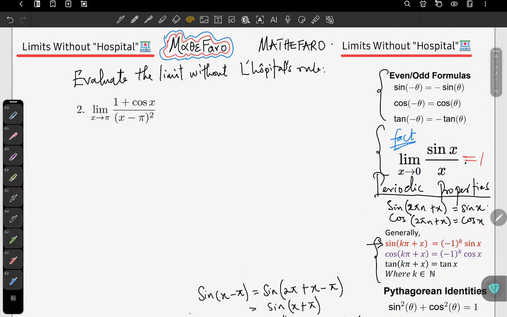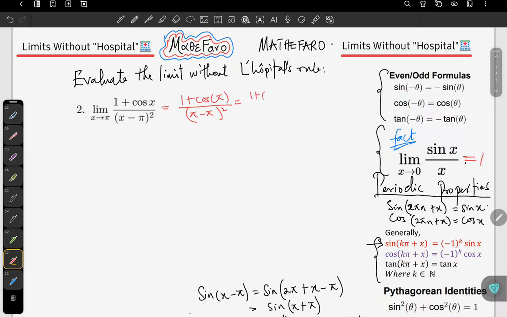Now we can get right into the business. For us to evaluate this limit, first and foremost, if we check direct substitution, we see that this is 1 plus cosine of pi over (pi minus pi) squared.